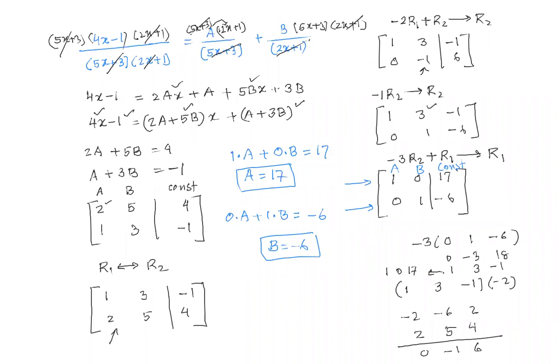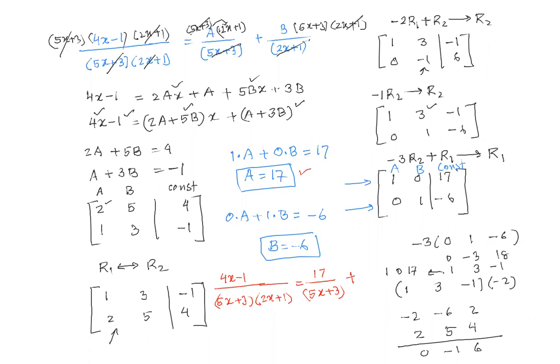So your partial fraction becomes, let me write it in red so that you can see it clearly. (4x - 1) divided by (5x + 3)(2x + 1) is equal to A over 5x + 3, where A is 17, so 17 over 5x + 3, plus B is negative 6.